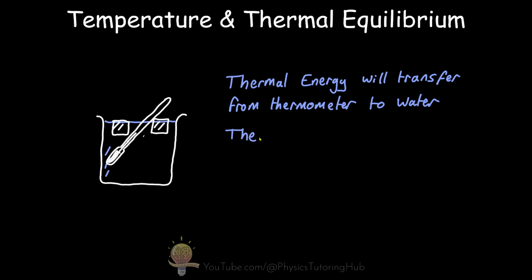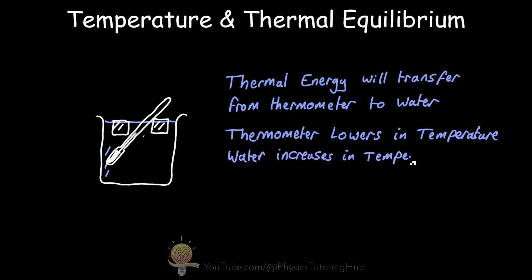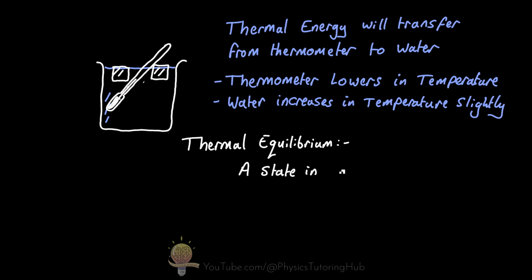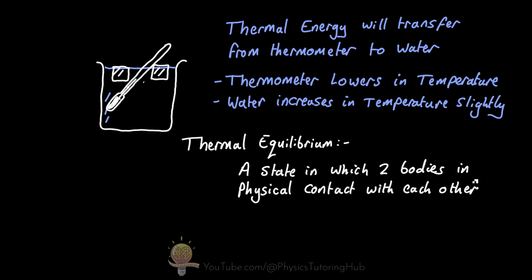But as the thermometer is in the process of losing thermal energy, the water will raise in temperature by a very small amount. After a couple of minutes, the water and the thermometer will reach a state of thermal equilibrium, which is the state in which two bodies in physical contact with each other have identical temperatures.